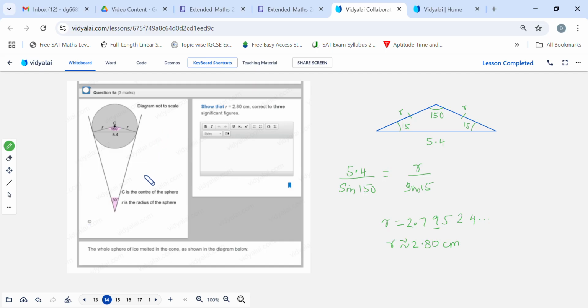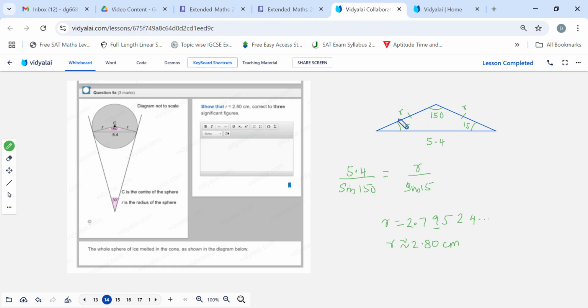A diagram is given here where C is the center of the sphere and R is the radius of the sphere. We have to show that the radius of the sphere R is equal to 2.80 centimeters, correct to 3 significant figures. Redrawing the triangle here, this is the radius of the circle and this is also a radius of the same circle.